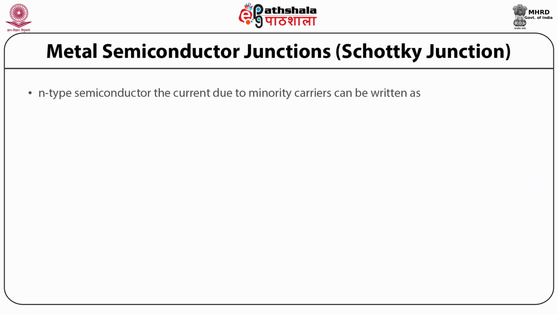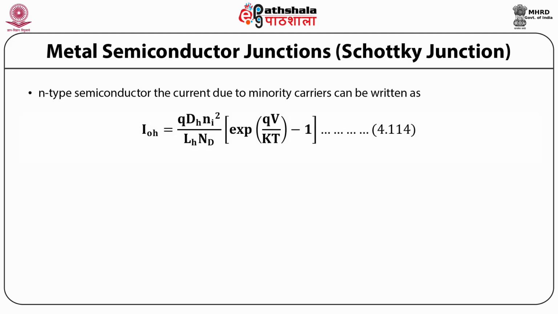So for n-type semiconductor, the current due to the minority carriers can be written as IOH is equal to Q DH ni square by LH Nd multiplied by exponential of QV by KT minus 1.